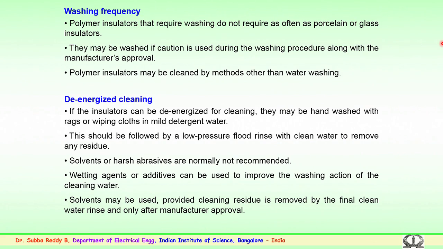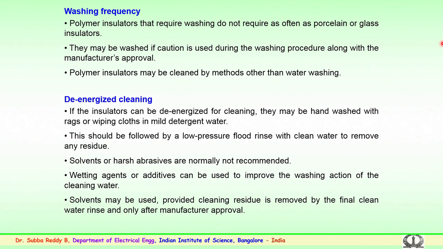Various solvents or harsh abrasives are normally not recommended. Some of the solvents or harsh abrasives may damage the surface conditions, so that is one of the reasons they are not recommended for cleaning. Wetting agents or additives can be used for improving the washing action of the cleaning, so choosing these wetting agents is also of equal importance.